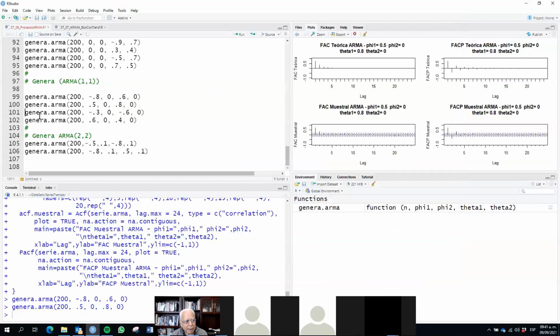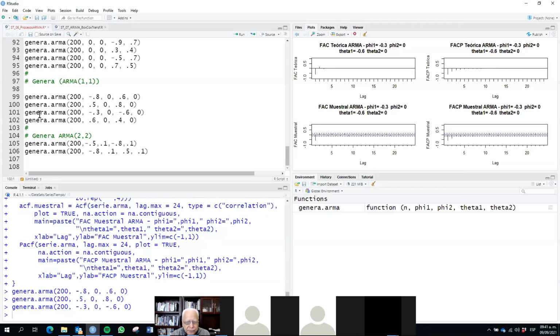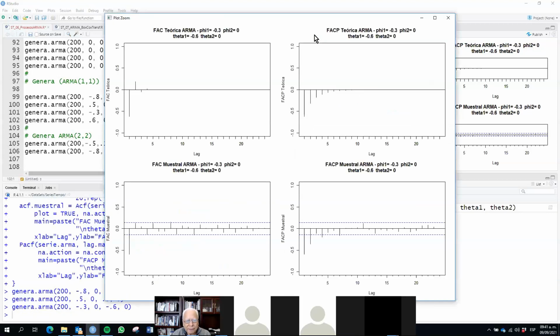Just look at what happens now with this other series here. Here it looks like the autocorrelation seems to be strong. The partial autocorrelation dies out.